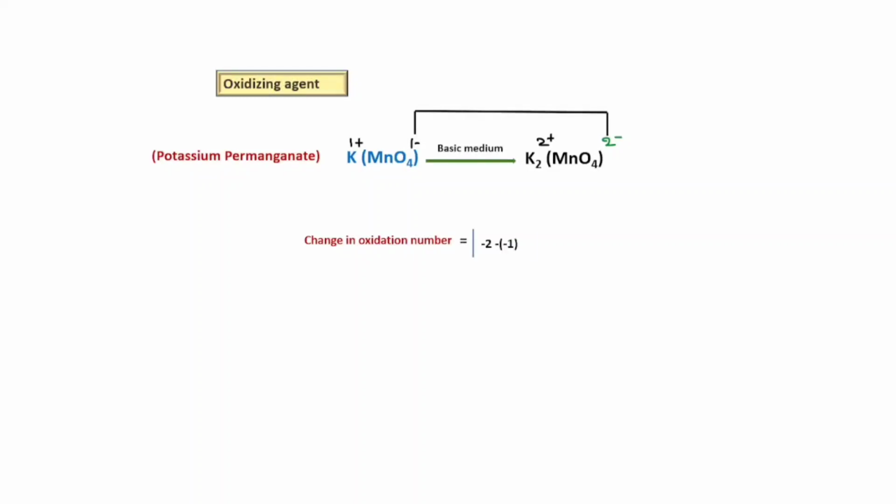So the change in oxidation number of permanganate ion is 1. It means it has accepted 1 electron and reduced itself to oxidize other substances in the chemical reaction. So the N factor of KMnO4 in basic medium is 1.